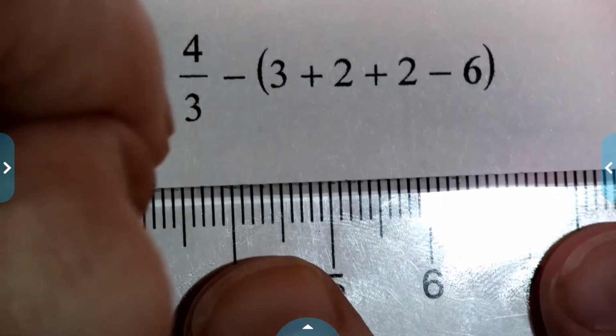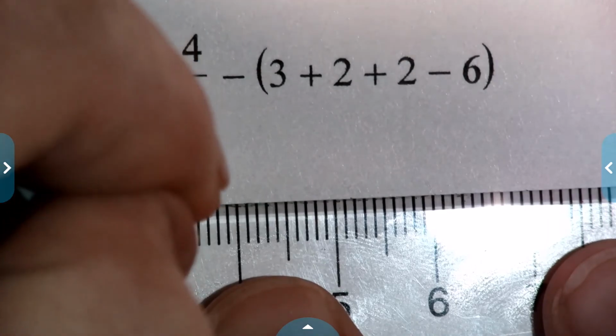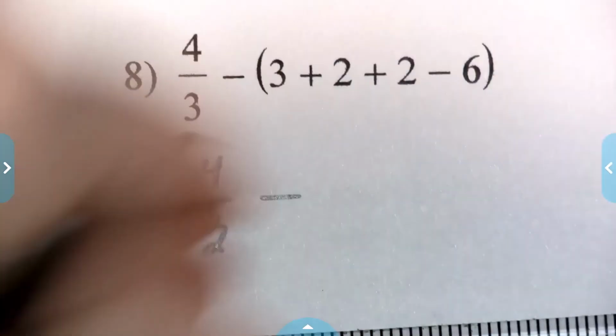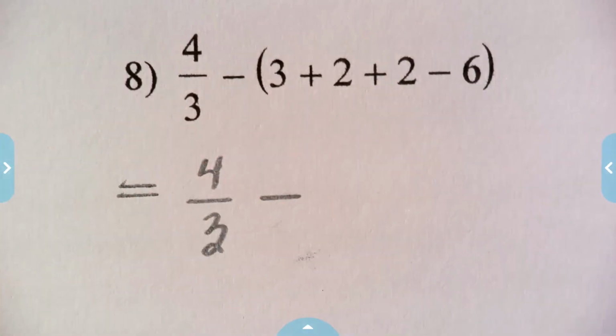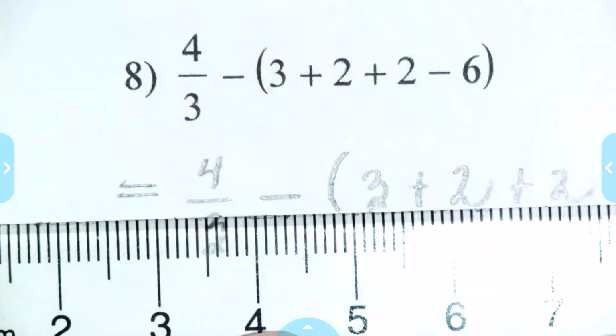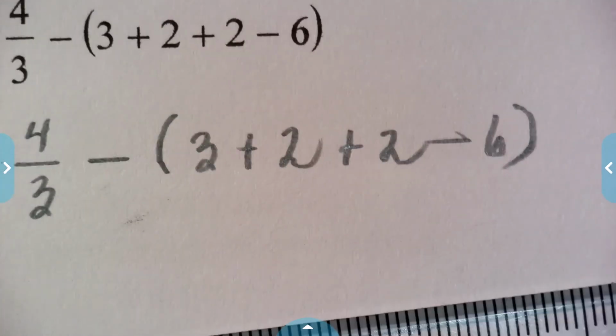So we're just going to rewrite 4/3 minus, and then in the parentheses, we have 3 plus 2 plus 2 minus 6. Okay.